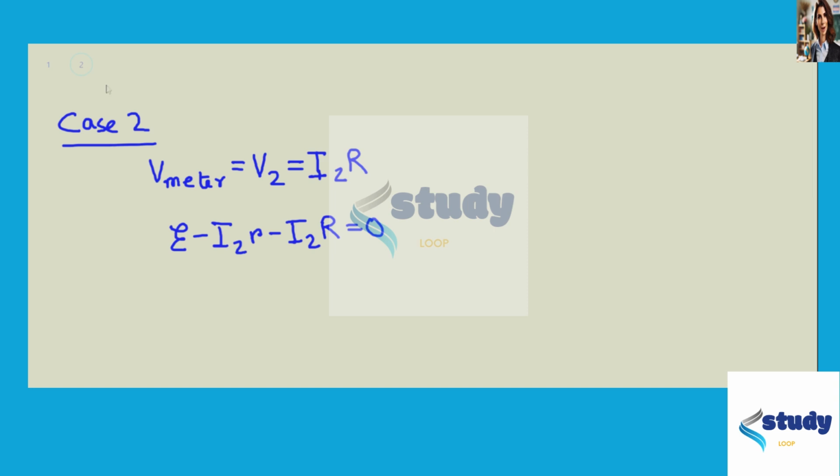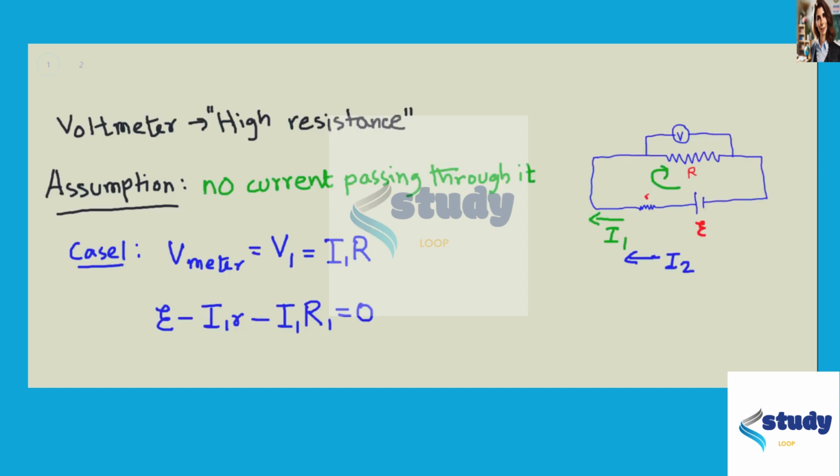Now if we solve for it, let's first solve this equation. We get an expression of the EMF voltage in terms of I1 times little r plus big R. Let's call it R1 because it's the first case.